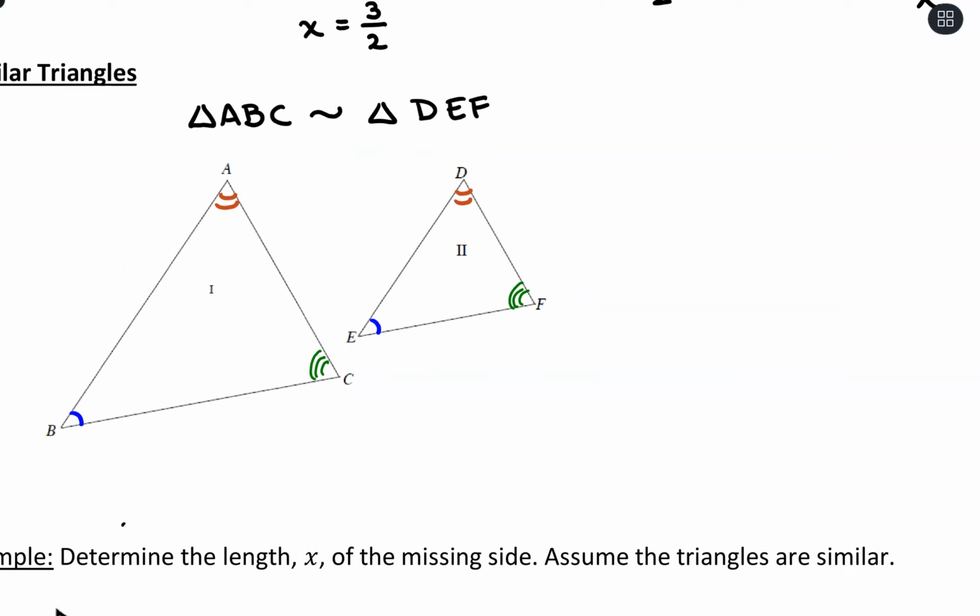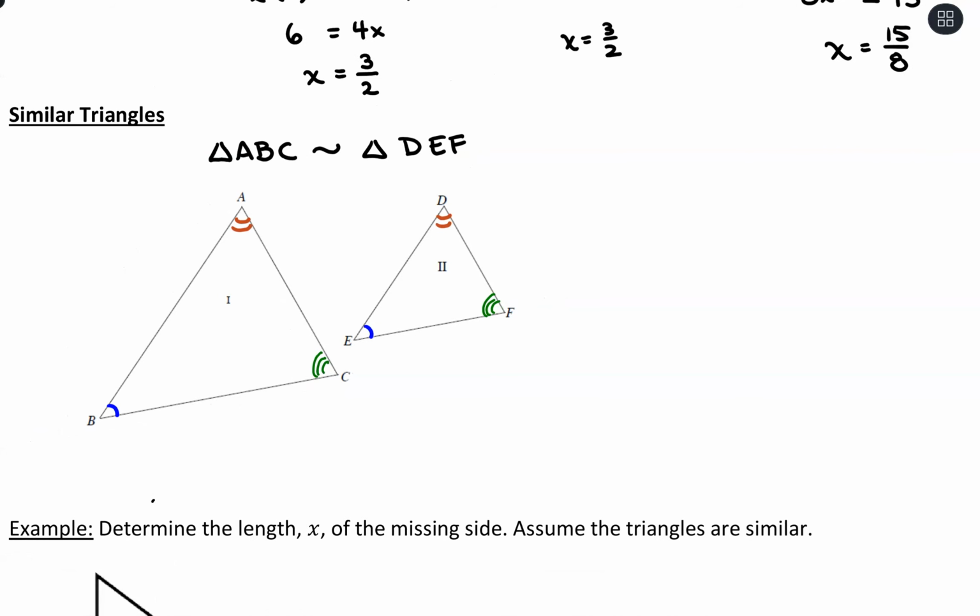And what we'll have is this relationship that if we take the side lengths, so side length AB, its ratio compared to DE is going to be equivalent to BC compared to EF and CA compared to FD.